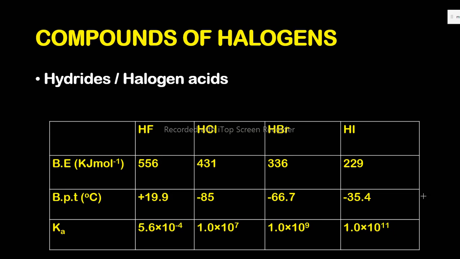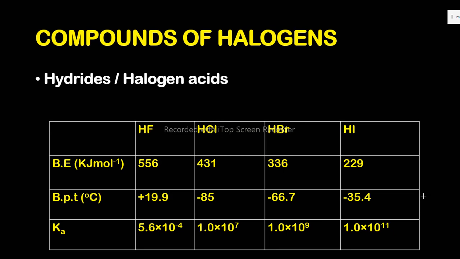Like you said, the dissociation constant of these hydrides increases down the group. The HCl, the HBr, and the HI increase down the group.